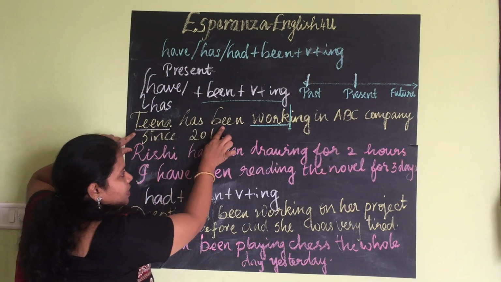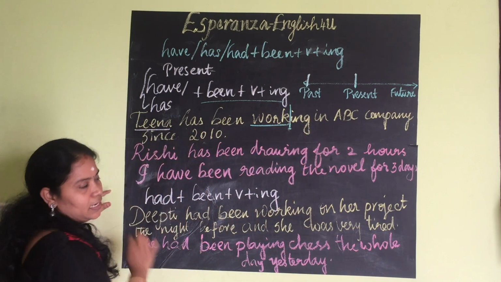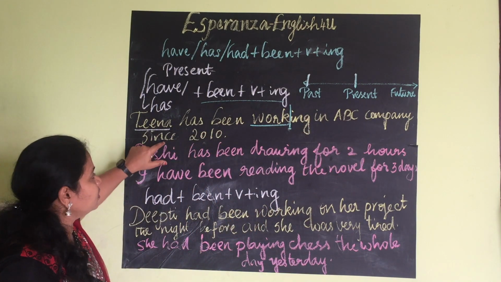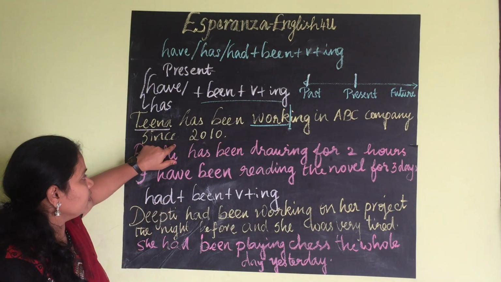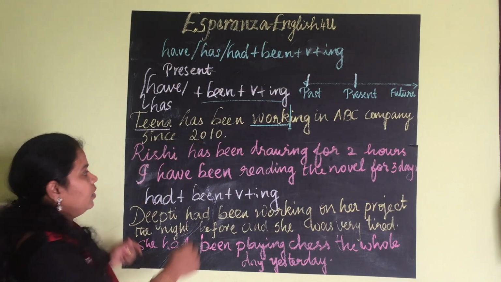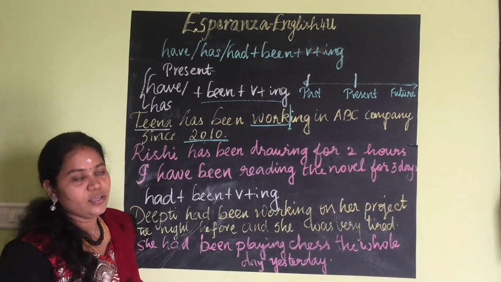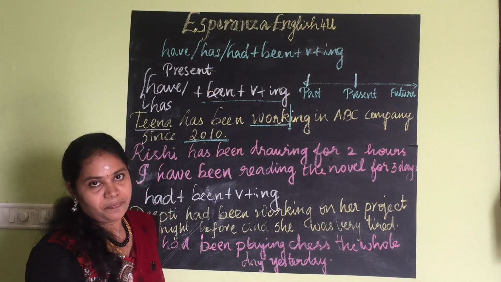Tina has been working in ABC company since 2010. So since 2010 she started, and she has been working there. Till now she is working there. That's why we are using has been plus verb plus ing.